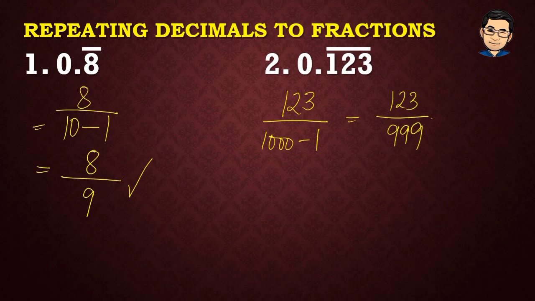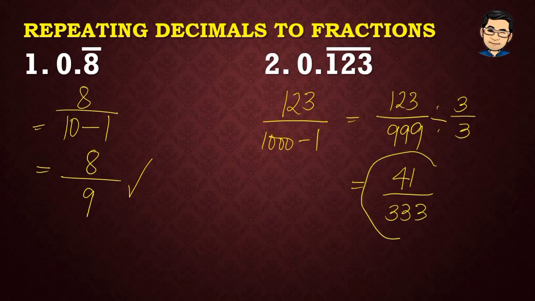So, we need to divide the numerator and the denominator by 3. So, 123 divided by 3, that is 41 over 999 divided by 3, that is 333. So, our final answer is 41 all over 333. Again, para malaman nyo kung tama ang sagot, just simply divide 41 by 333.